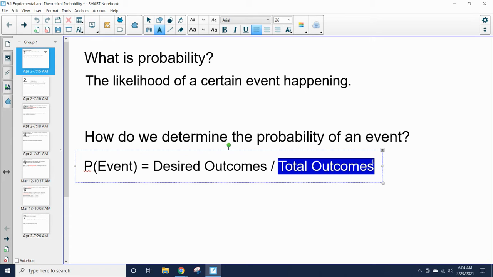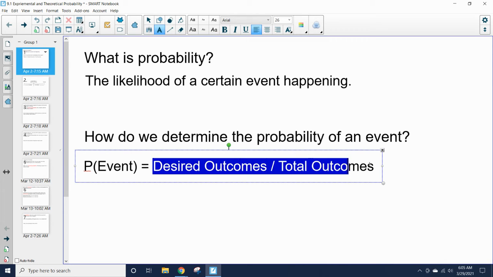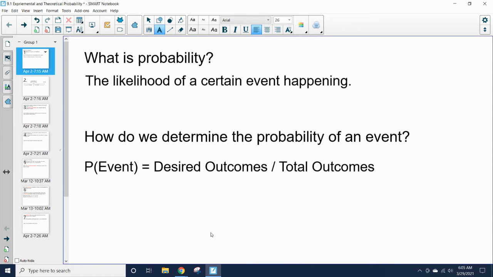So my probability of a coin landing on heads would be 1 out of 2. And that's how we calculate probability. We're going to look at a lot of different examples of this today. It's always desired outcome divided by total outcome. So that's always what we'll want to remember for calculating probability.